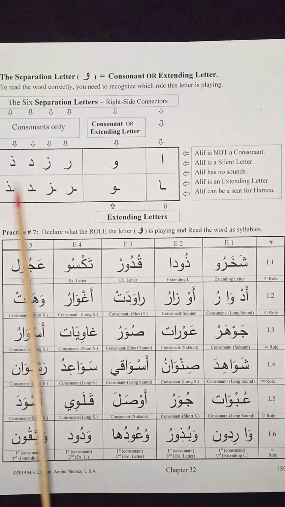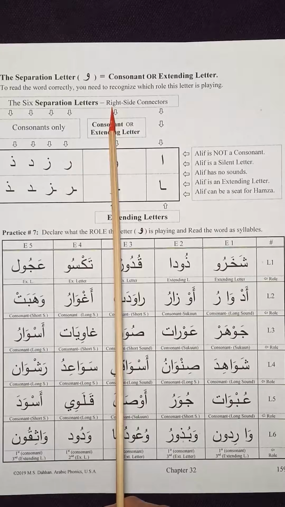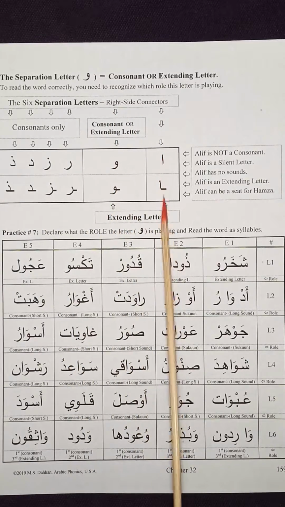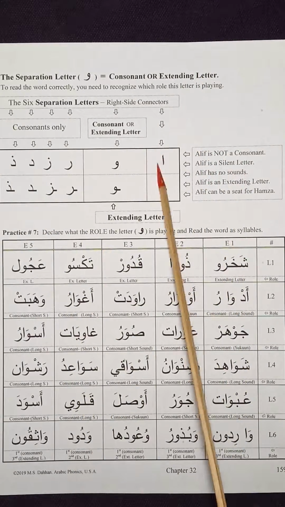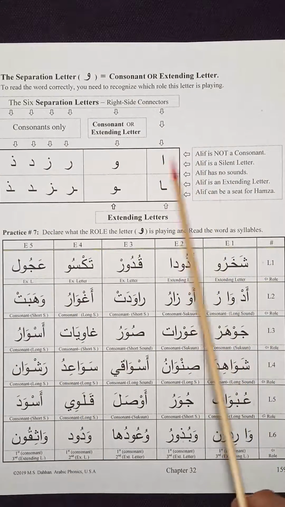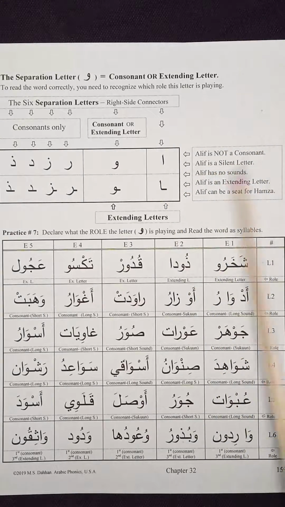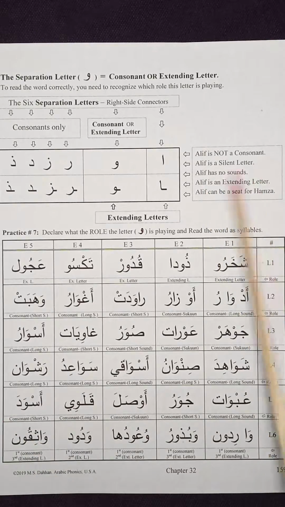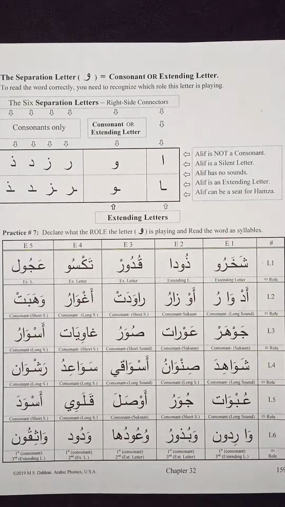And here is the connected shape from the right side, because they are separation letters, right side connectors. So there is a possibility they can come alone or connected from the right side only. And alif, we talked about alif, is not a consonant, it's a silent letter. It has no sound. If alif is an extending letter only, that's one of its functions. Another function could be a seed for hamza, and of course it can be connected.